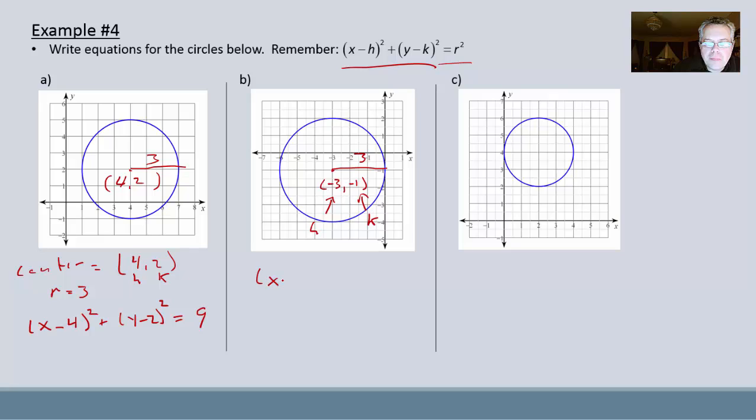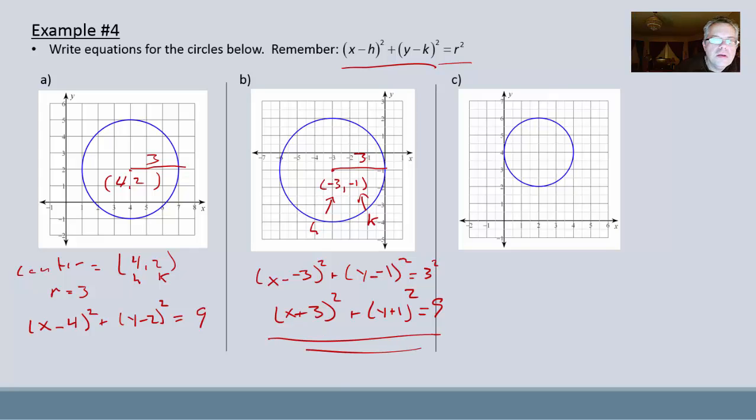It's (x − (−3))² + (y − (−1))² = r². I'm going to make this a little nicer. x minus the −3 is the same as x + 3. y minus the −1, same as y + 1. And 3 squared is 9. There we go.